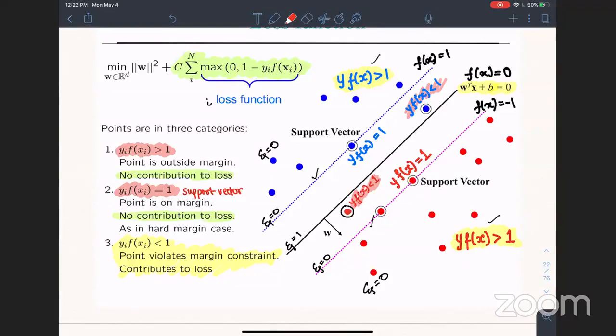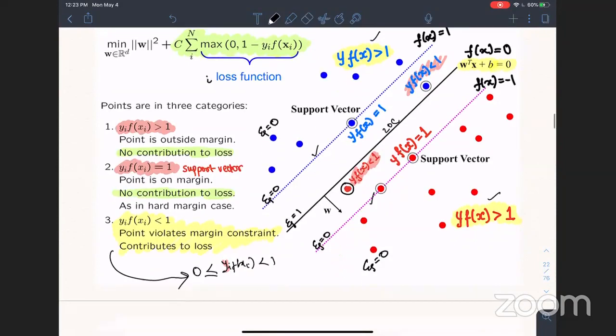This can also be crossing the decision plane entirely. This is very interesting: while y_i(fx_i) is between 0 and 1, your magnitude is less than 1. That means you are on the right hand side of this line, but you are inside the margin. So I'm going to penalize you because you should not be there.